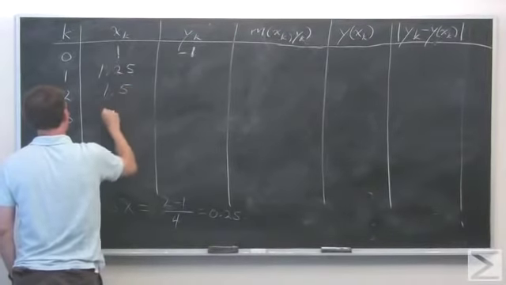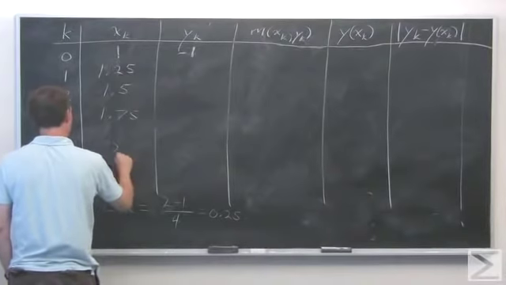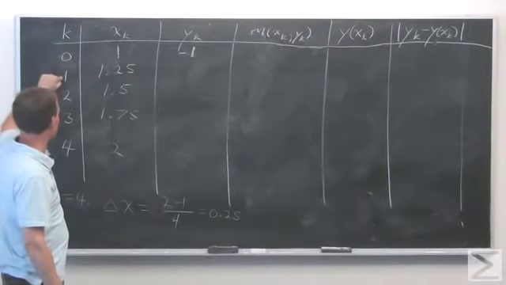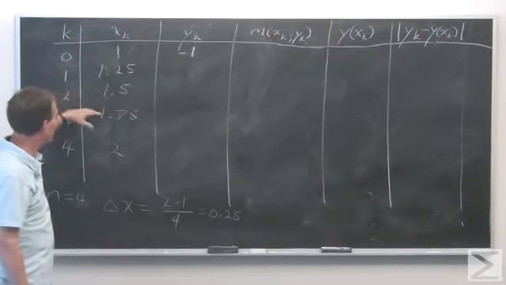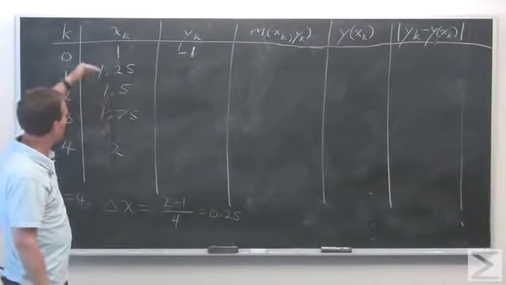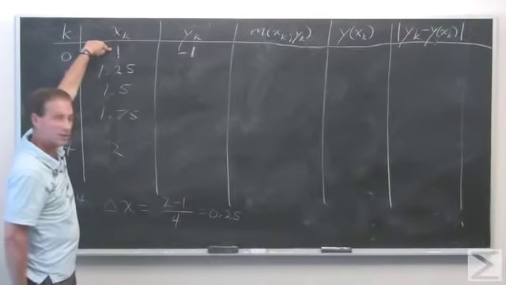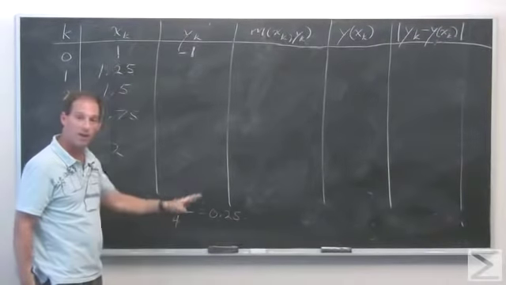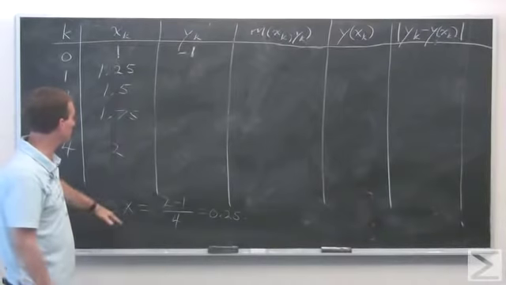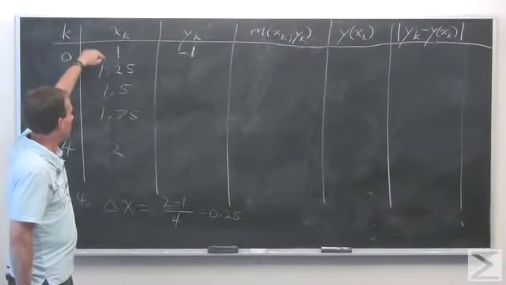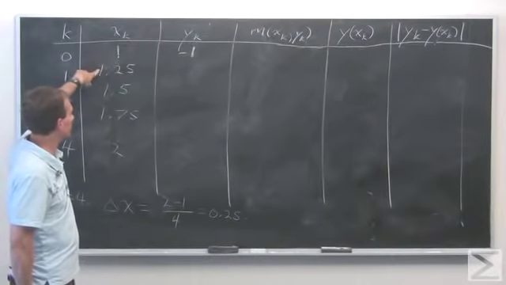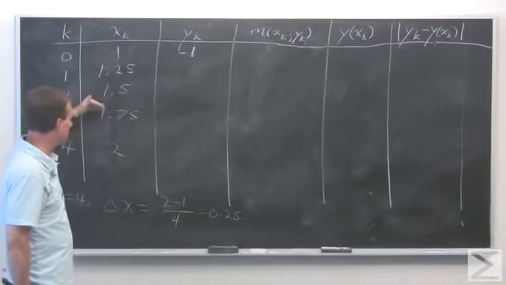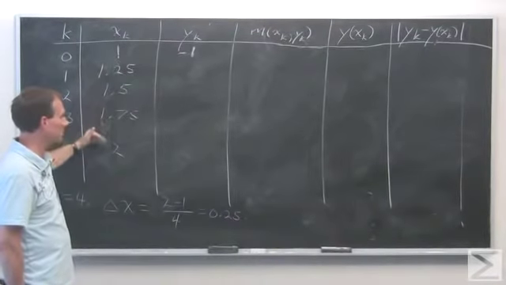In a spreadsheet, what this means is that for this column, you'd say each cell is 1 plus the cell above it and fill down. In this column, you would put your initial x value here. Then whether you calculate delta x by hand or have it calculated in a cell in your spreadsheet someplace, you would say this next entry is the previous entry plus delta x, and then you fill that down so that each entry is always the previous entry plus delta x.